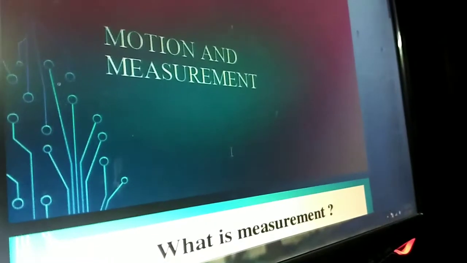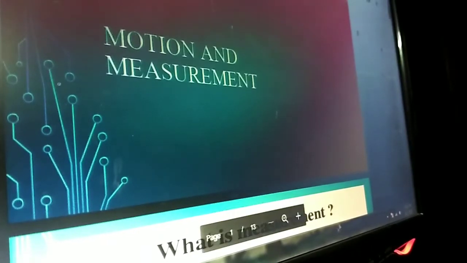Already we have seen what is motion, what is rest, and what is measurement. Today we will see that at a glance on the board, then we will switch on to what is measurement.